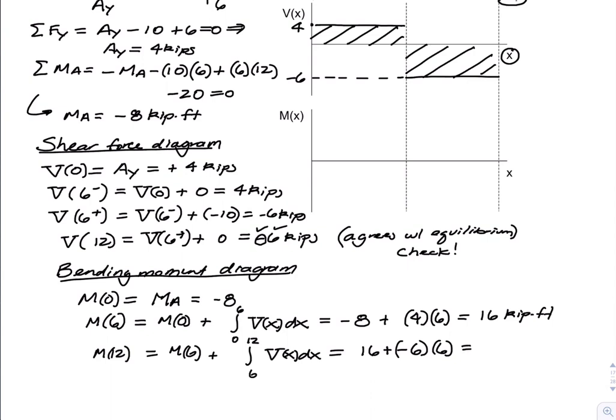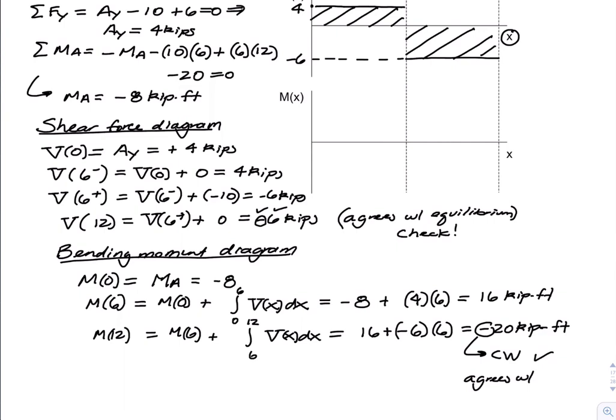So this ends up giving us a minus 20 kip foot. So on the right face, keep in mind that a positive is in the counterclockwise sense. The negative sign simply means it's clockwise. And on the right side, that's exactly what we found from equilibrium. This agrees with equilibrium. That's a good check.